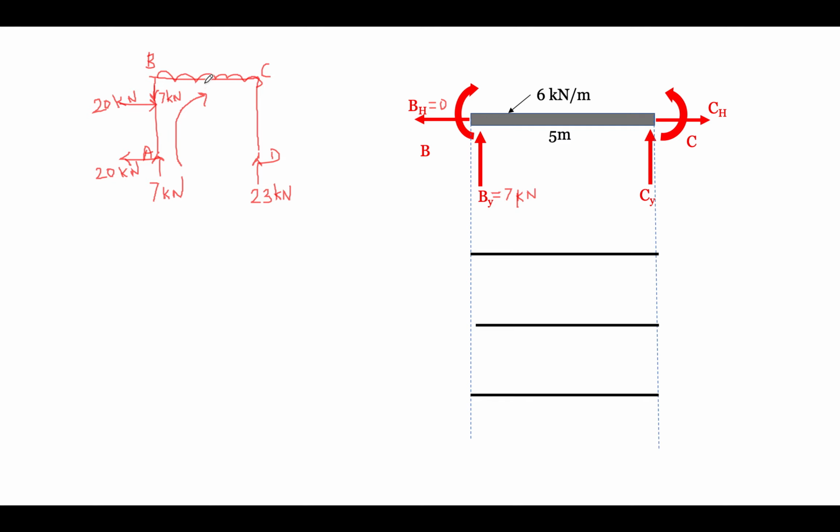We can also do it the reverse way. For member AB, 7 kilonewton and 7 kilonewton are balanced over there. So this 7 kilonewton is going down. When we separate this member BC, since it is going down, this should go up. So this is our 7 kilonewton upwards.